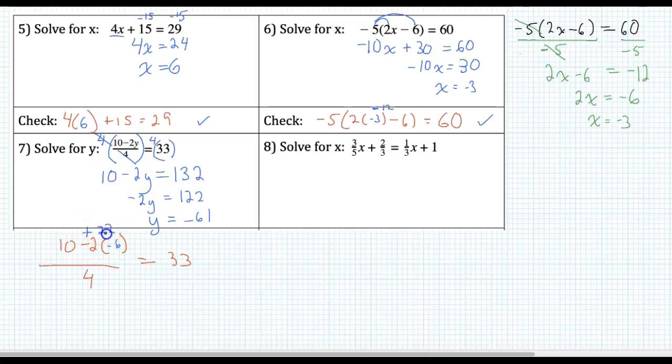Oops, sorry. I was right, I wrote that down, 12. So 22 divided by 4. Did I get that right? Oh, it's minus 61. Oops. So that would be 122. Okay, there we go. So 132 divided by 4, is that 33?